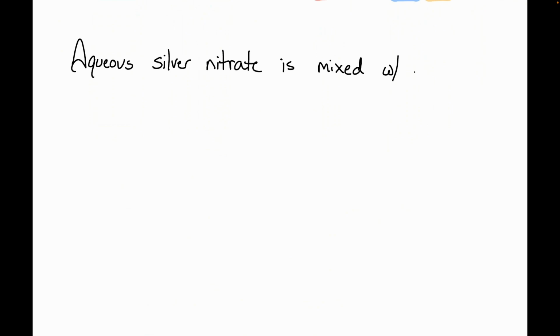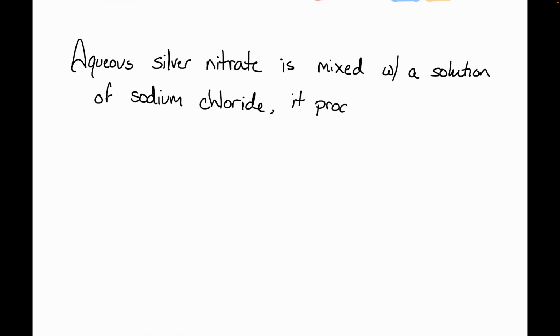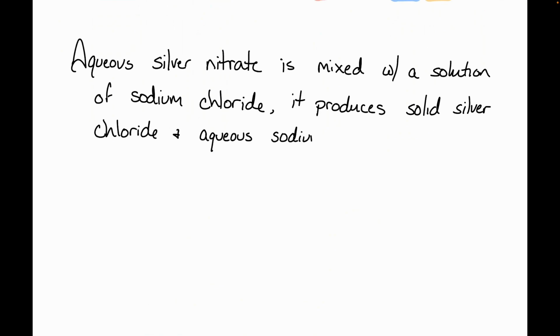All right, so if we take aqueous silver nitrate is mixed with a solution of sodium chloride, it produces solid silver chloride and aqueous sodium nitrate.